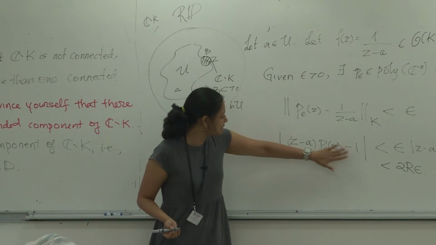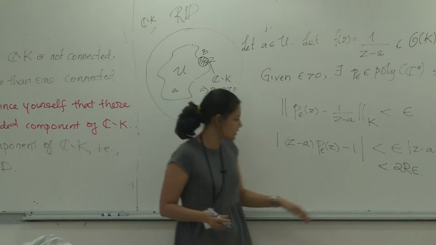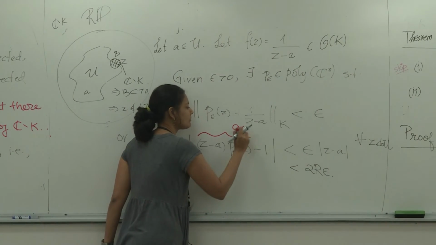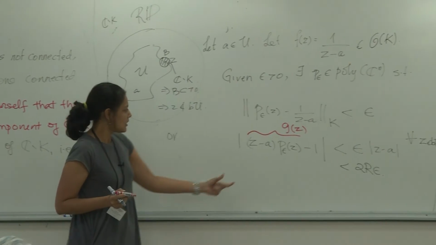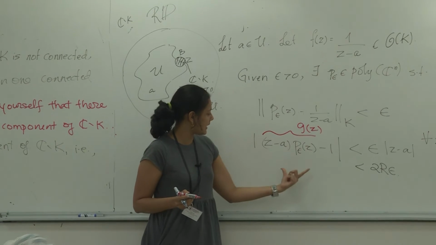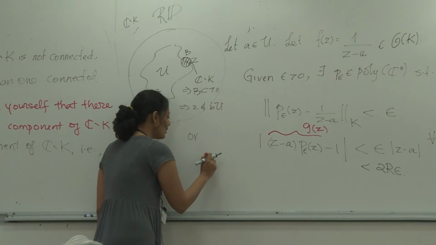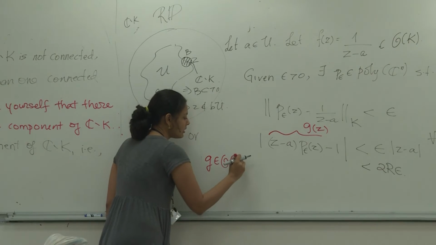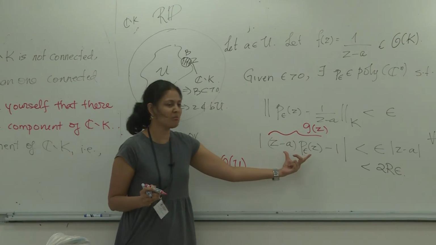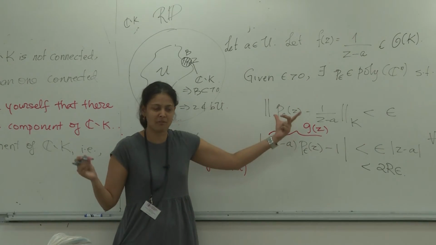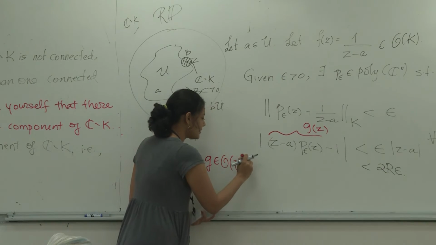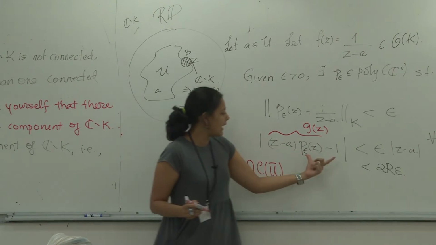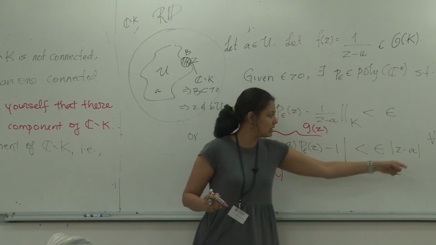So we have this function over here. Let's call this g of z. This function is holomorphic on U. It's in fact an entire function, holomorphic everywhere. And it's also continuous up to the boundary of U. And we have a bound on it on the boundary.